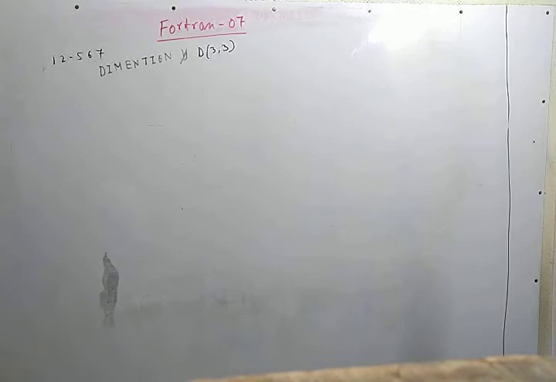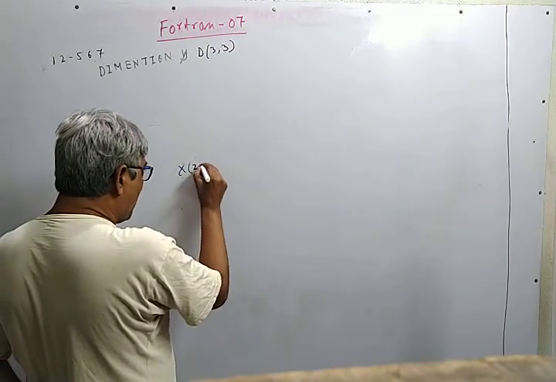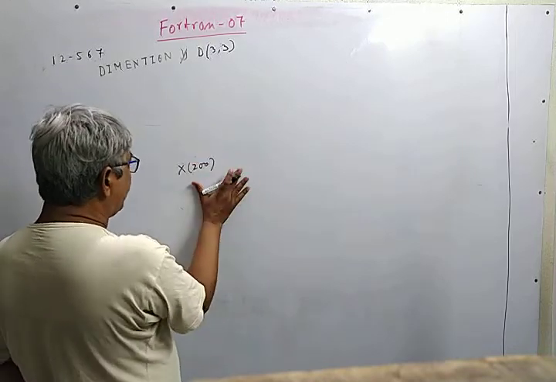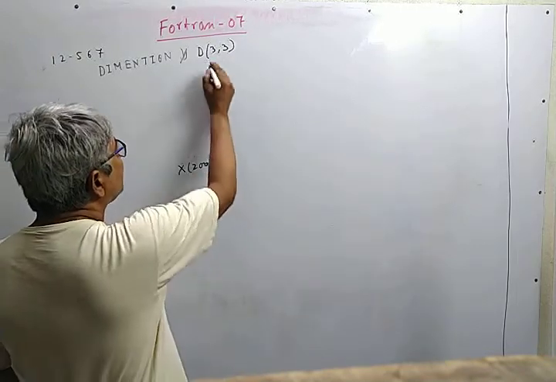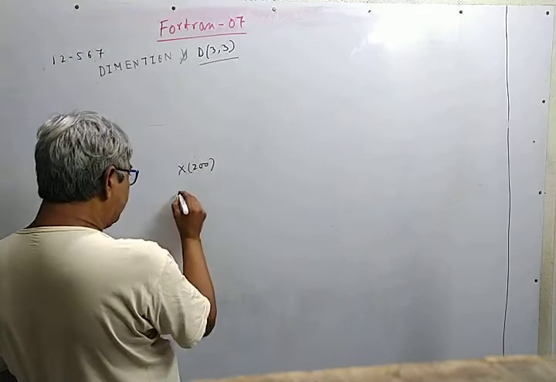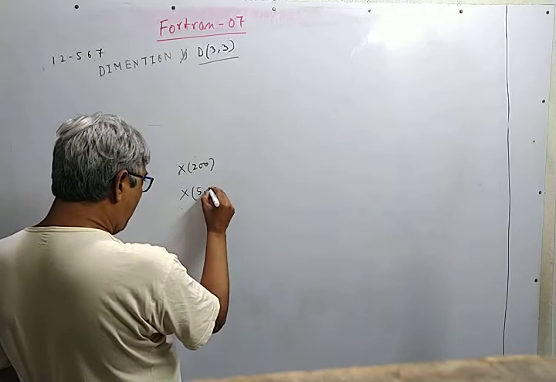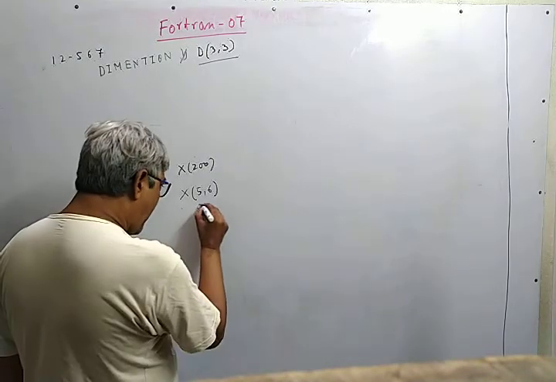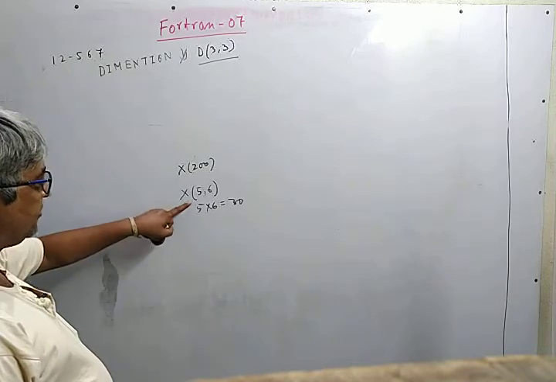Earlier we have introduced a one-dimensional array by saying that x is equal to 200. We mean that x is a variable which can have at most 200 values, and they are stored accordingly. Here we have introduced a two-dimensional array. That means if we write x is equal to 5, 6, that means x is a variable which can have 5 into 6, that is 30 values, and these values are stored.